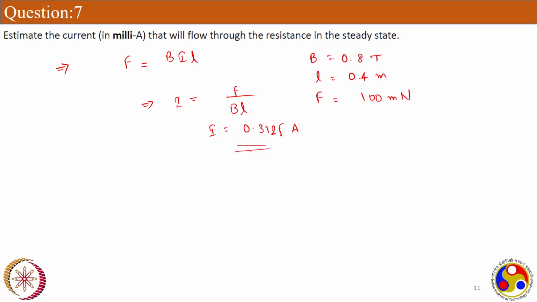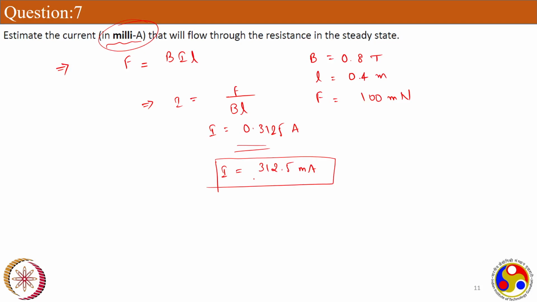So always once you get the answer, look at the question in what units they are asking. They are asking in milliamps. So you have to multiply by 10 cube and divide by 10 cube. So it will give you 312.5 milliamps. Yeah, correct, Raju.